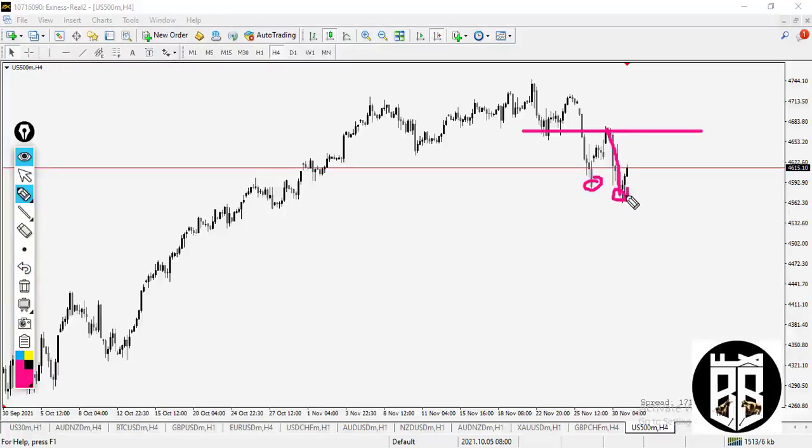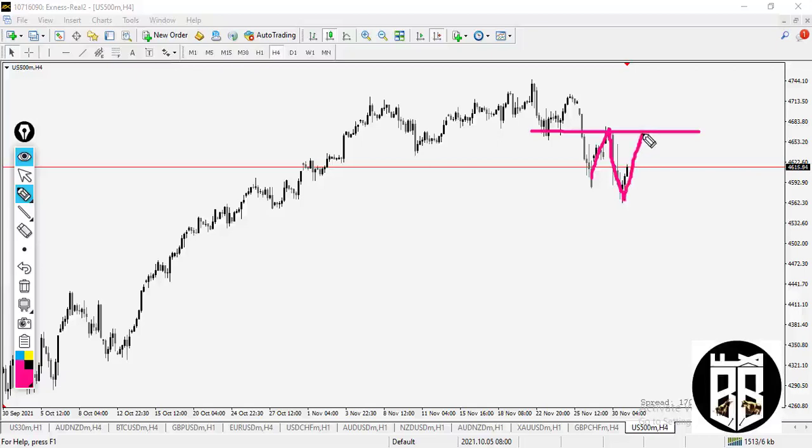So what I'm expecting is price to rally from this downside, from here to this level here, which it had failed to break earlier on. This we call a double top. So this is going to be a failure to break, a break below support level, a retest of support level, and exhaustion of prices.